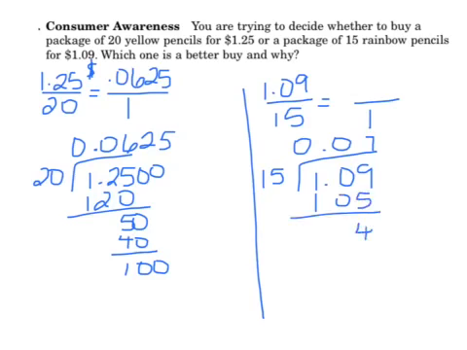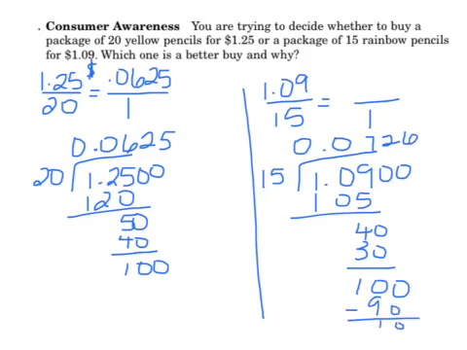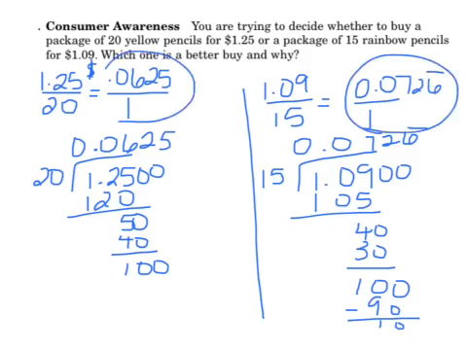Subtract, we get 4, add a 0, bring it down. 15 can go into 40 twice, that would be 30. Subtract, we get 10, add a 0, bring it down. That time it goes in there just 6 times, which would be 90. Subtract, okay, we got 10 again, so it's going to repeat. So here I've got 0.0726 repeating.